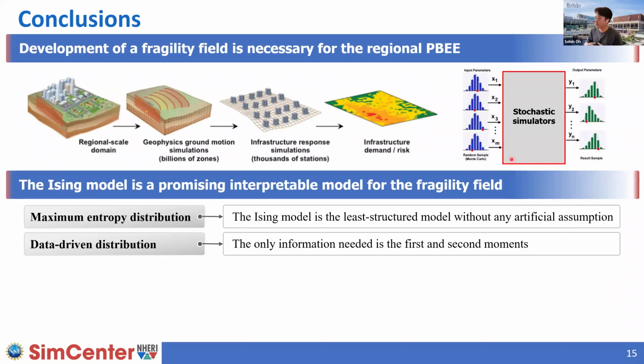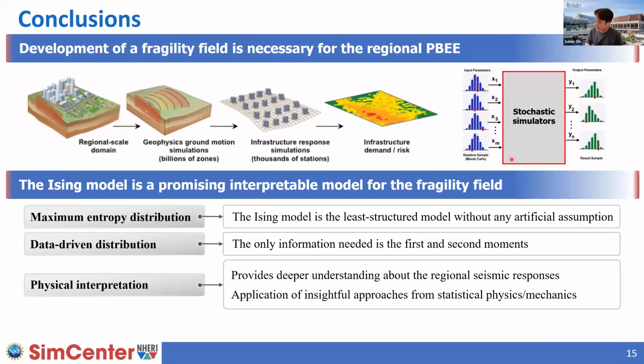Today I just showed you the examples based on the R2D tool, but the Ising model can also be constructed from post-earthquake field investigation, where the Ising model-based framework can provide more benefits than in the R2D example. And last, the parameters in the Ising model have clear physical meaning.